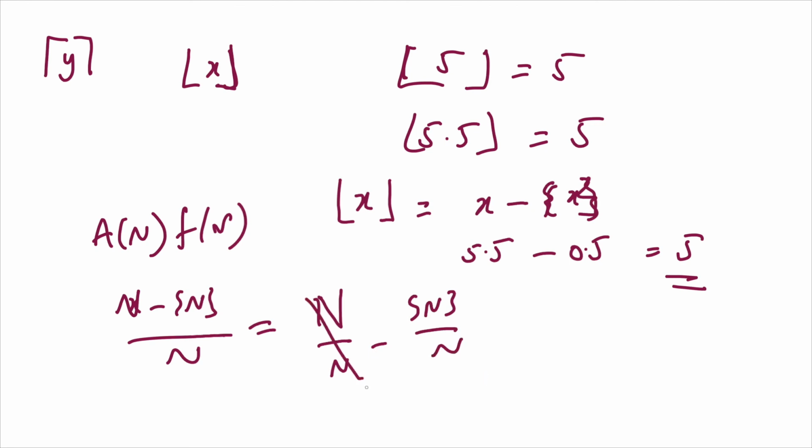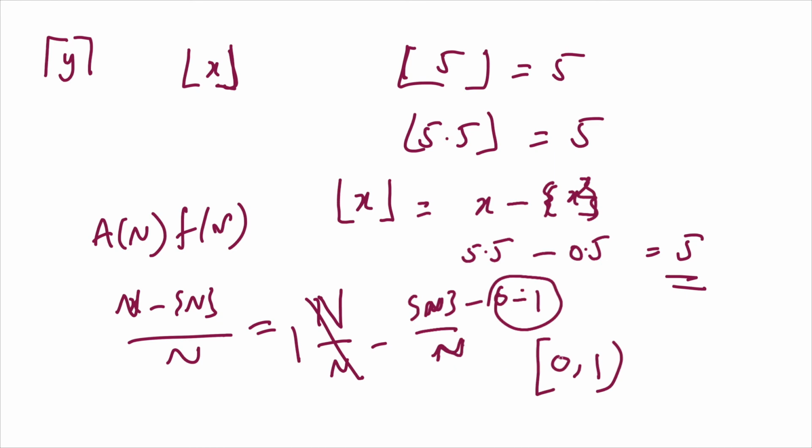So that's 1 minus the fractional part of n over n, and that top bit will be from 0 up to 1 but not including 1, and that's over n. So this is going to be a fraction which we can always say is between 0 and 1, not including 1 but including 0.